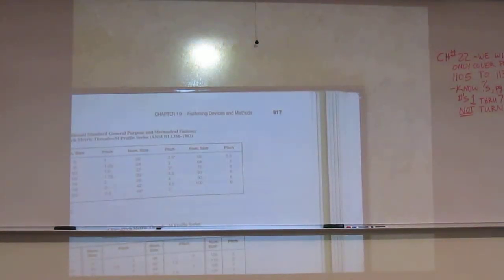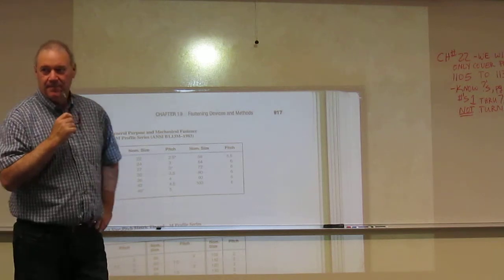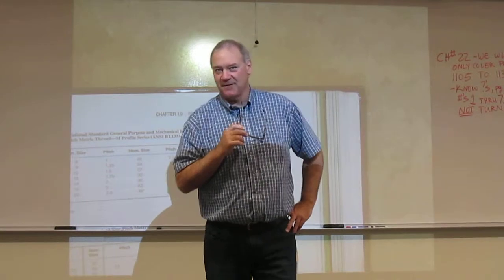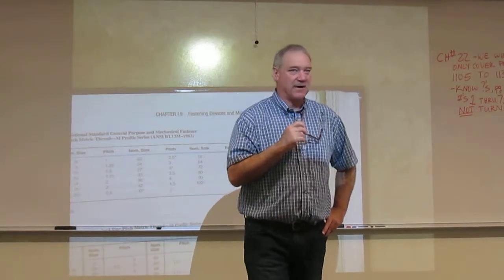I think the rest of the chapter is mostly about drawing. One more question I've got for you folks. What's the difference between a temporary fastener and a permanent fastener? If you have to destroy the fastening method, it's a permanent fastener.